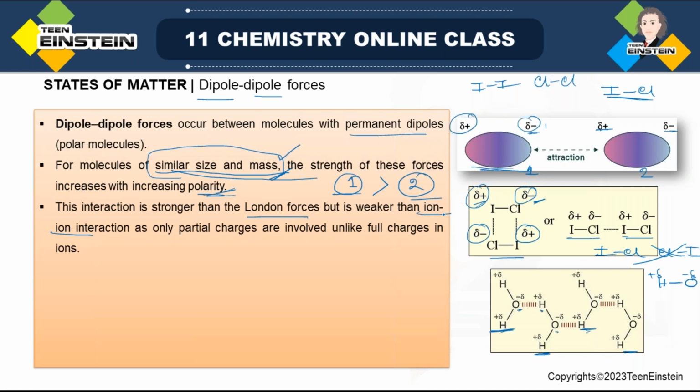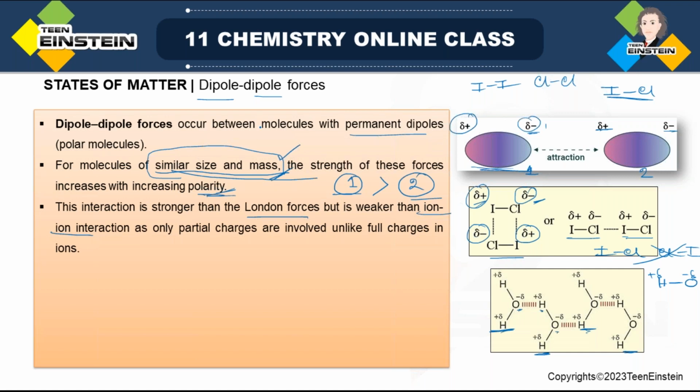It is very easy to understand and relate, because London force is the weakest, that we have already seen. And when you have a molecule where a permanent dipole is present, obviously there will be more intermolecular force between them, more attraction, because there is already some dipole. It is not generated instantaneously, it is already present. So compared to London forces, it will be stronger.